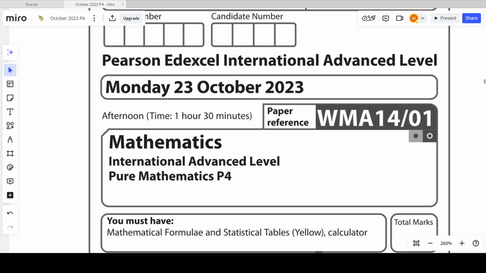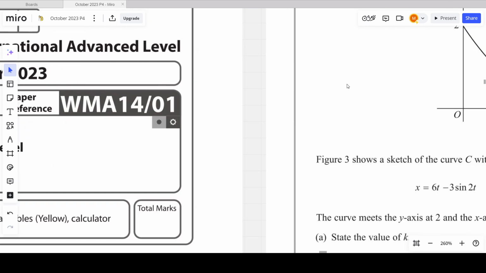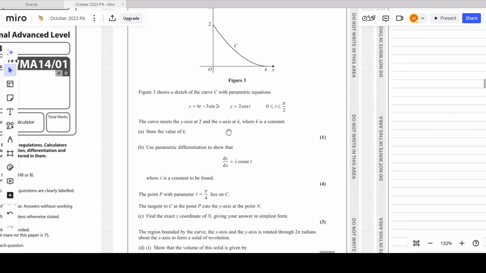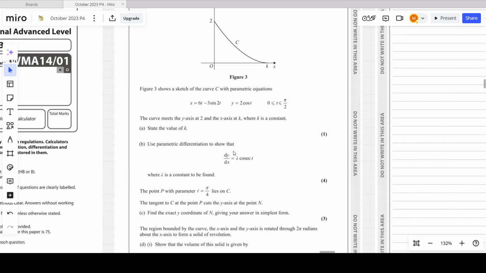In this video we will be solving the last question of the P4 October 2023 paper, that is question number 8. Question number 8 is a mixed question from differentiation and integration, from chapter 6 and chapter 5 of your P4 textbook.